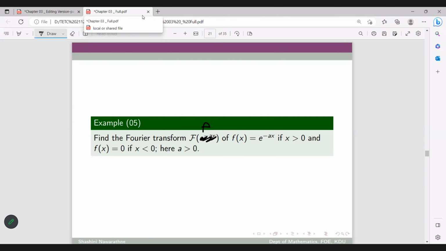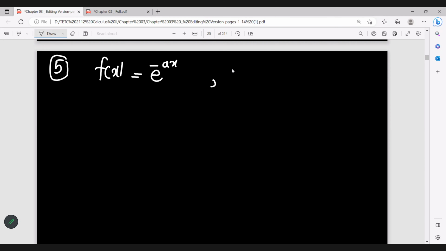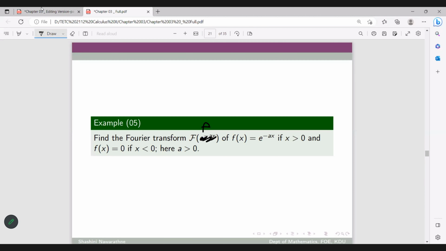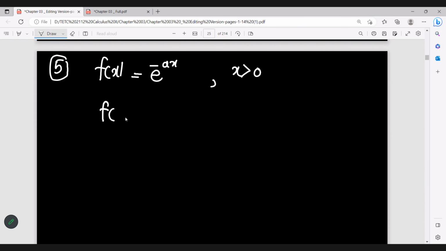Example number 5. It is given that we are asked to find the Fourier transform of the function f of x equal to e to the power minus ax when x is greater than 0, and f of x equal to 0 for x less than 0.